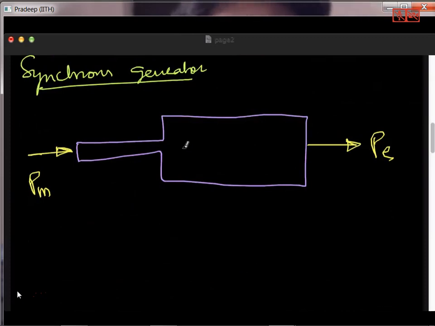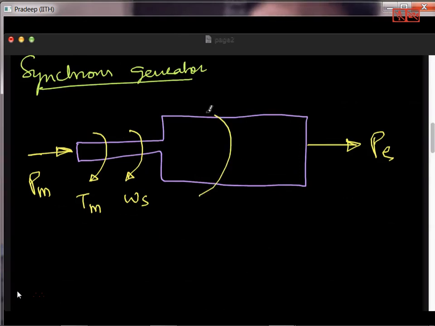Next, what about the speed of rotation? Let's say this is the speed of rotation, and therefore the mechanical torque will be in the same direction as the rotation of the machine, whereas the electrical torque will be opposite.